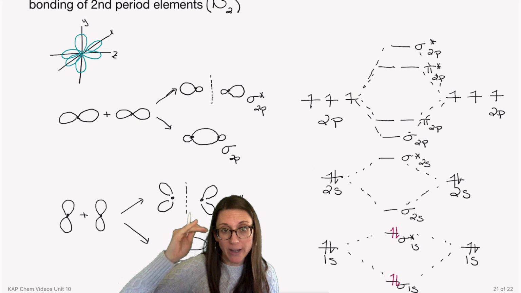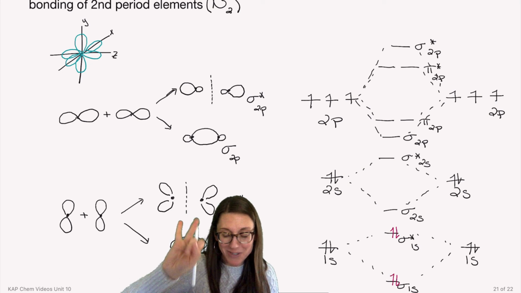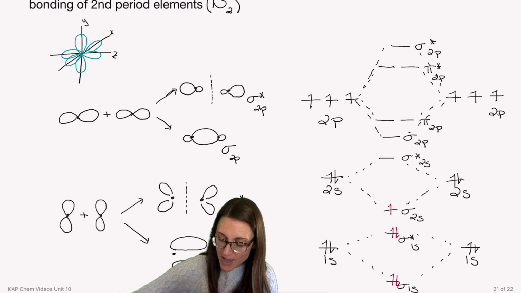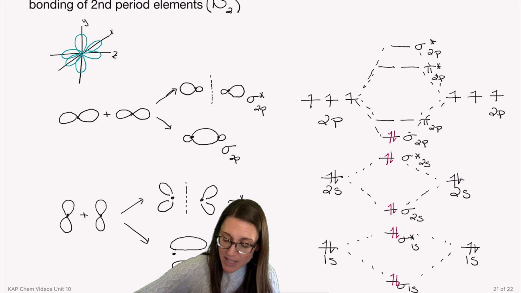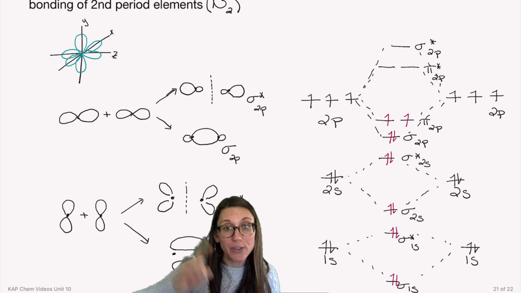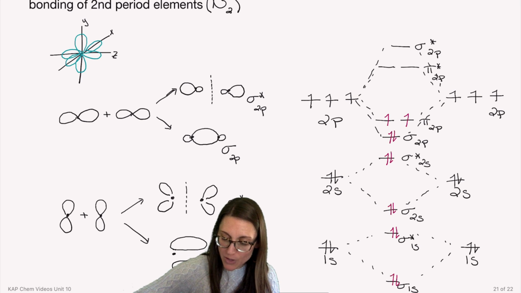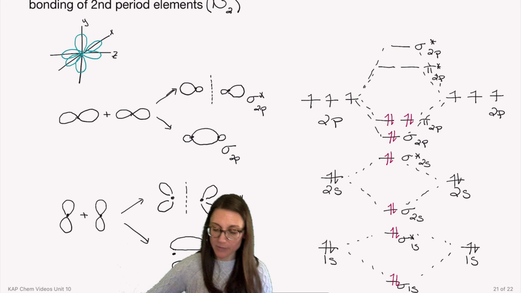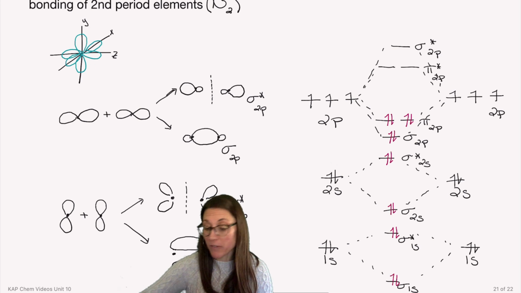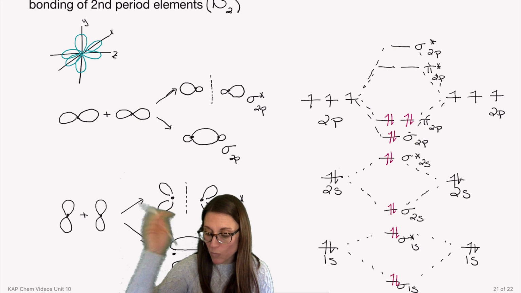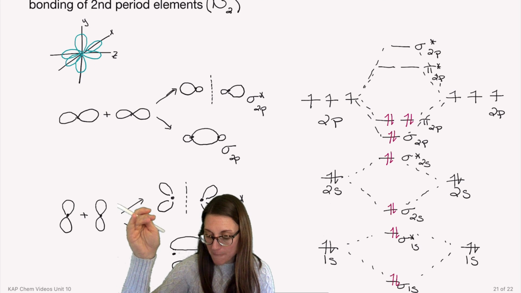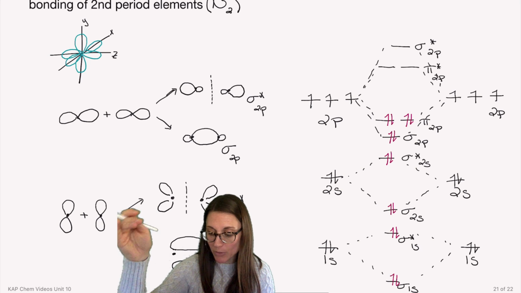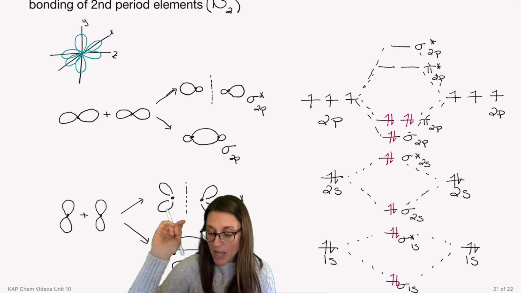Still fill from the bottom up. 2 electrons per orbital. 5, 6, 7, 8, 9, 10, 11, 12. Fill singly before doubling up. 13, 14. Okay, there we are. We've got them all filled. This is what our molecular orbital diagram looks like for nitrogen.